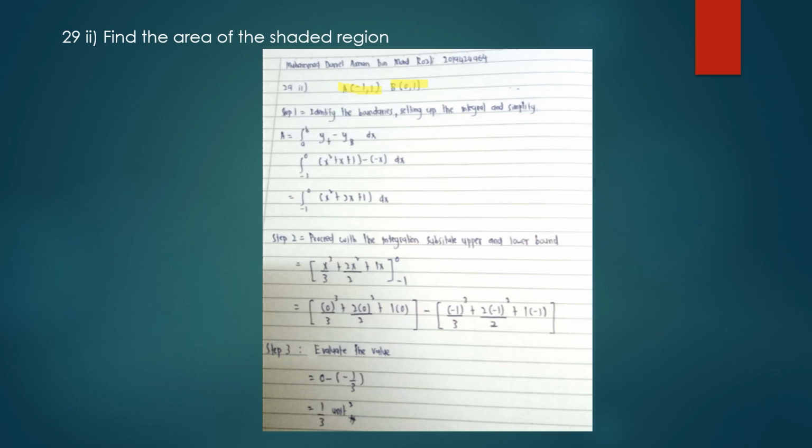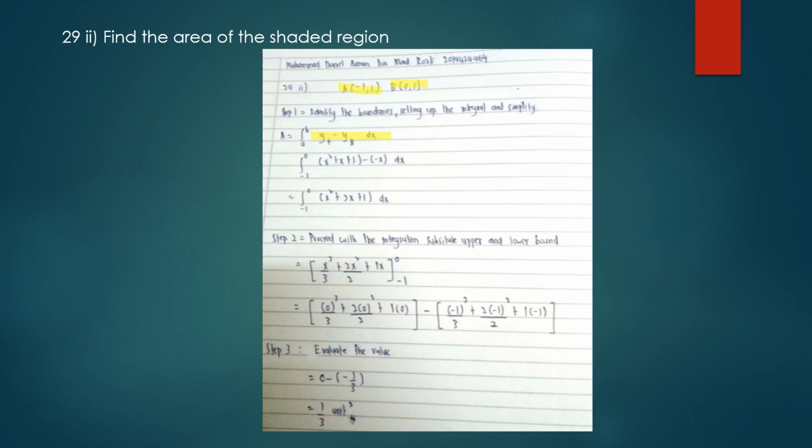The first one we need to do is identify the boundaries, set up the integral, and simplify. So this is the formula that we need to use, and then we apply using the previous equations that are given in the question, which is x squared plus x plus 1 minus negative x dx.